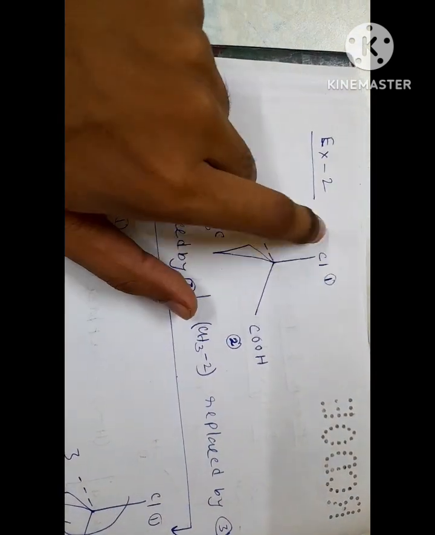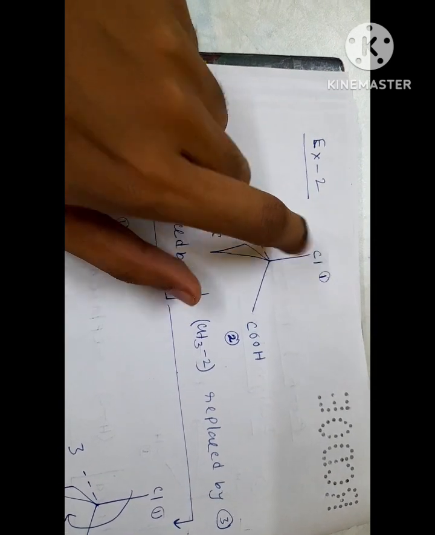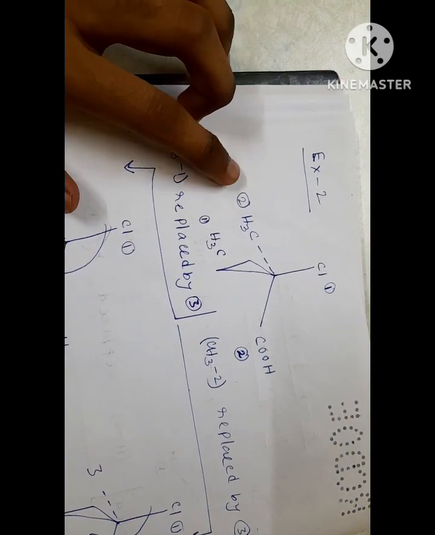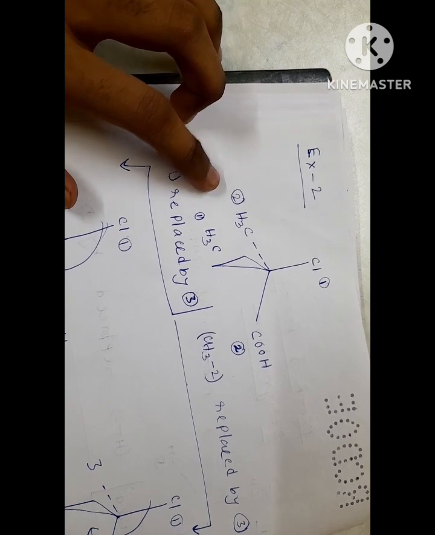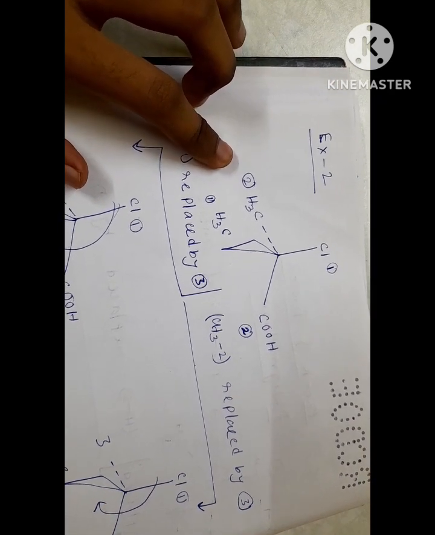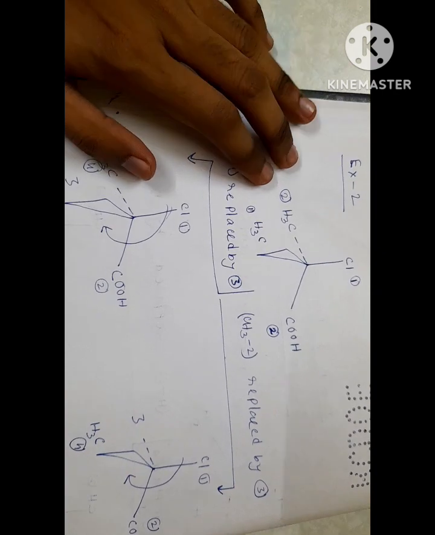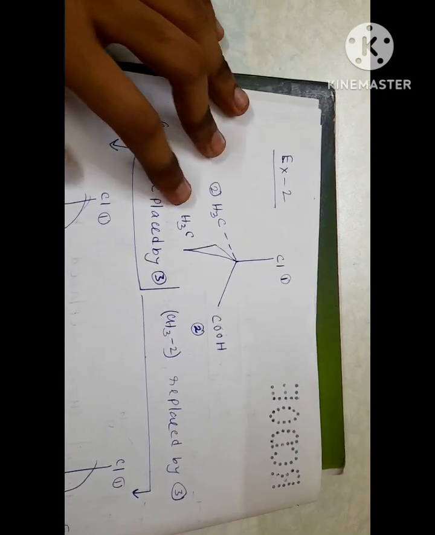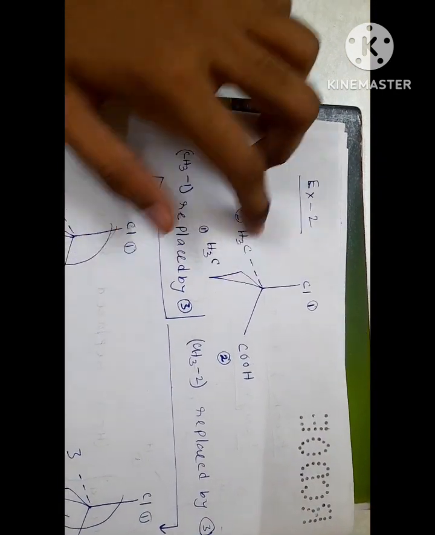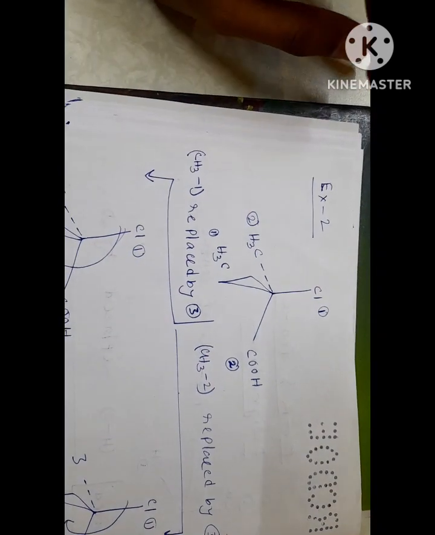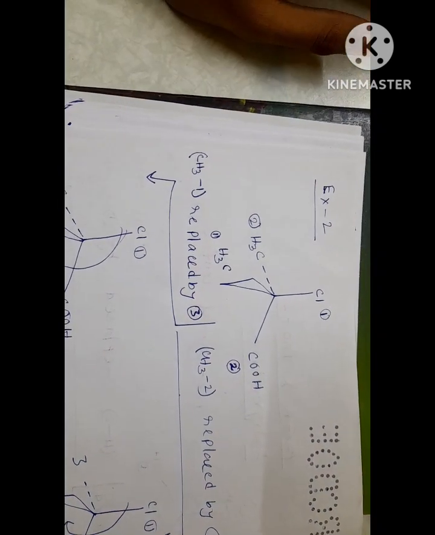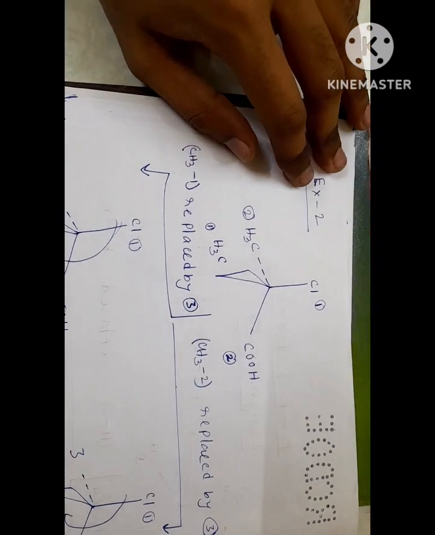Carboxylic and chlorine, these two are different, I agree, but these two methyl are similar groups. A chiral center should contain four different groups, but these two groups are the same, right? So it is not chiral, but it is prochiral. The stage just before chiral, we can consider prochiral.